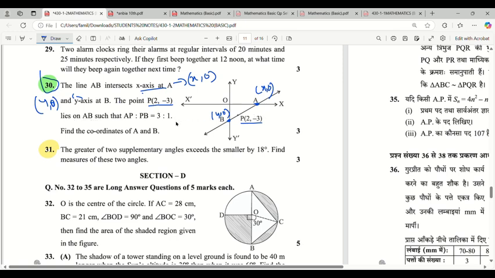The point 2 comma minus 3 lies on the line AB such that AP is to BP is 3 is to 1. Find the coordinates. Let's try to understand the second point. The point P lies on AB such that it is dividing the line in some ratio.